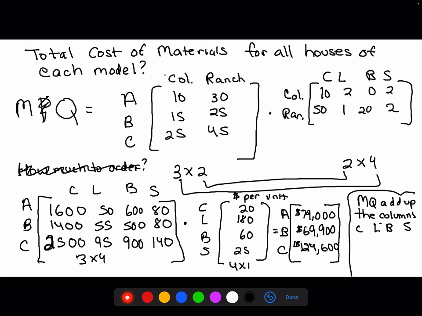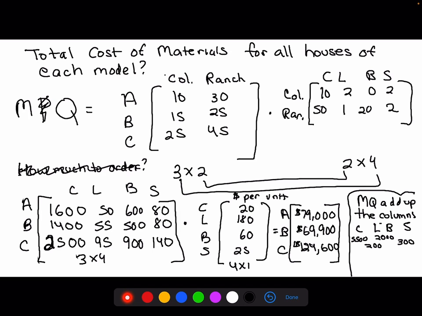So if you add up all the concrete numbers, you get 5,500 units. If you add up all the lumber numbers, you get 200 units. If you add up all the brick numbers, you get 2,000 units. And if you add up all the shingles numbers, you get 300 units.